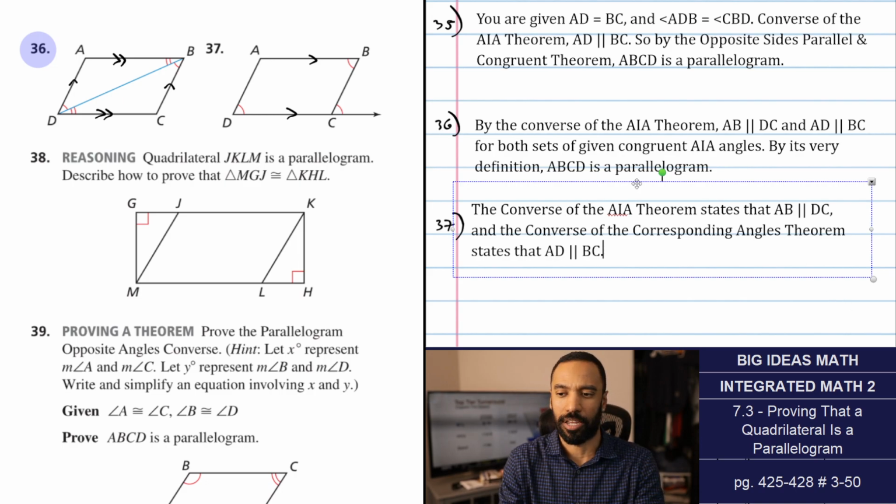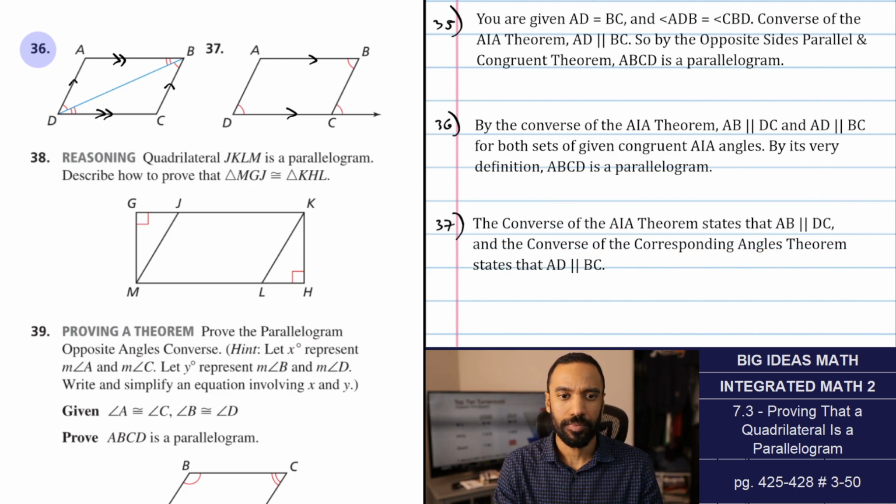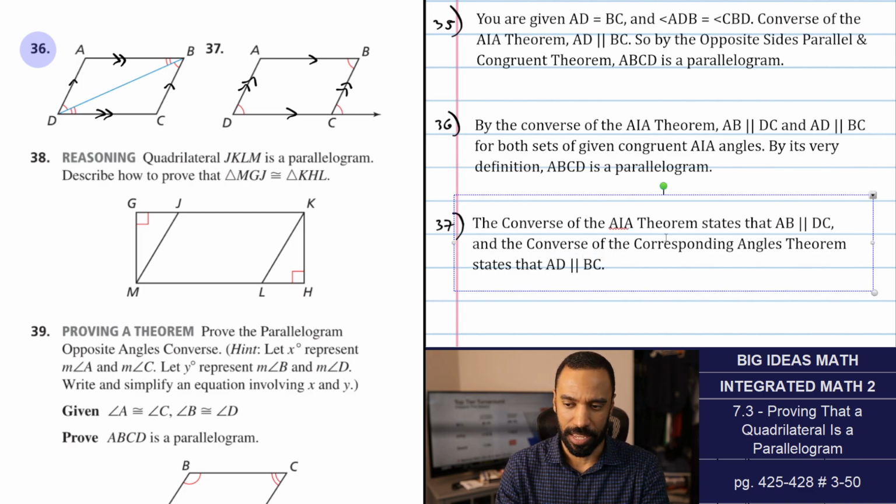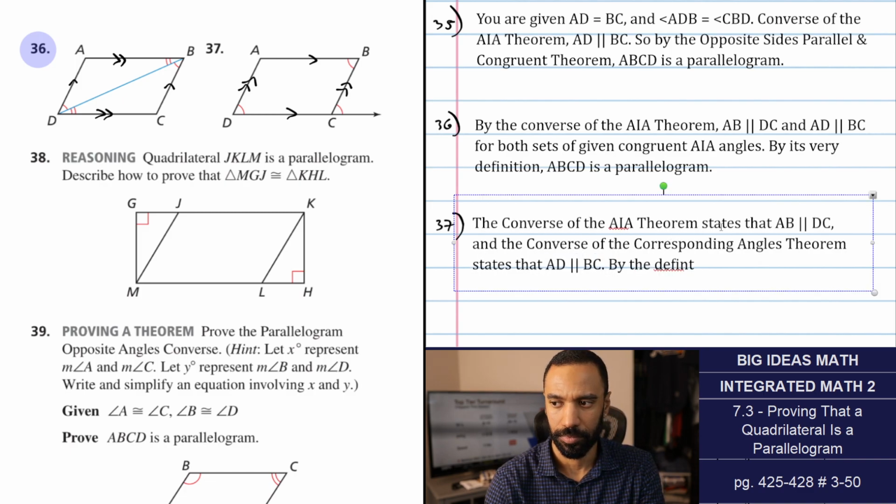So that's the part I didn't mark up here. These two alternate interior angles here would show these lines are parallel, and these two congruent corresponding angles here would show these two lines are parallel. So we can do it that way. We don't have to get those other sets of angles. By the definition, ABCD is a parallelogram.